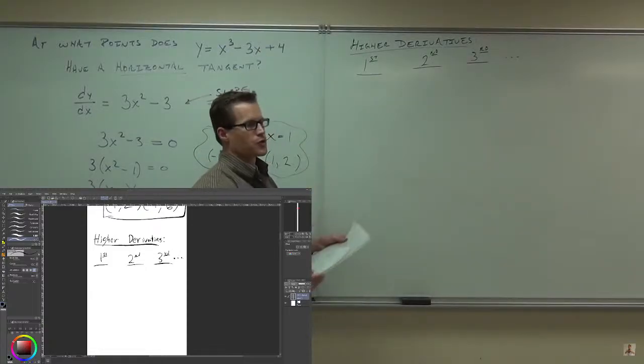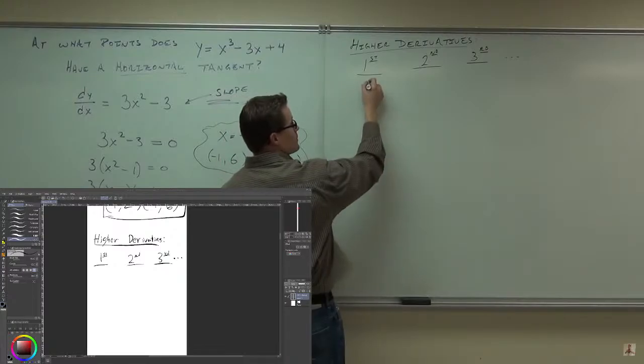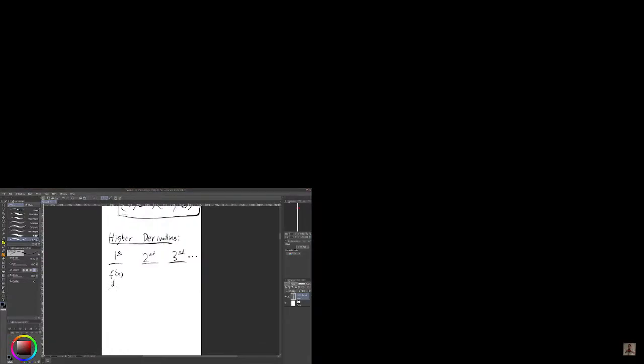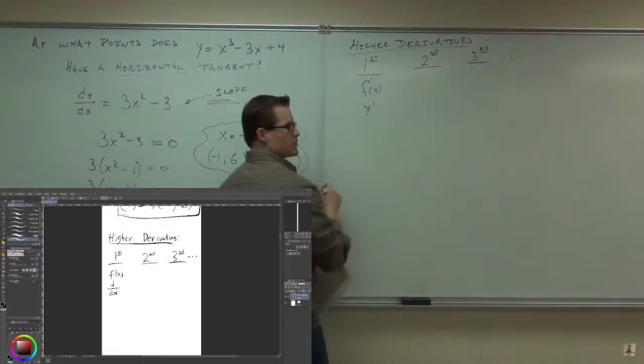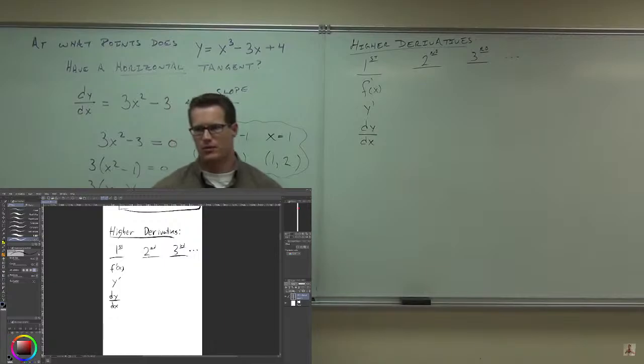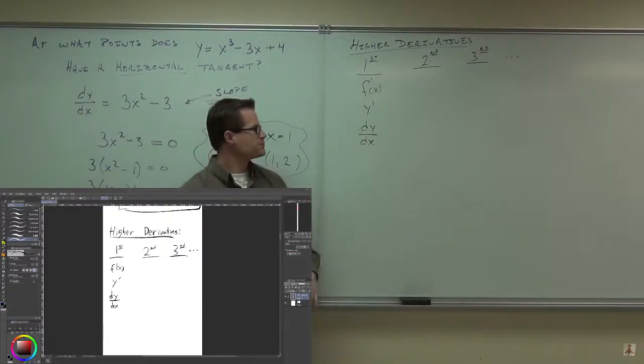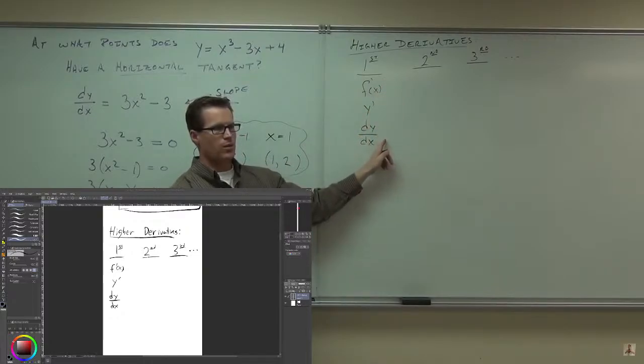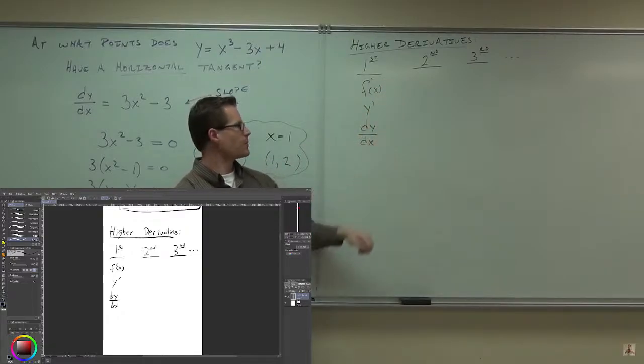Our notation for a first derivative was typically f prime of x, you remember that one, right? Or we'd have d/dx. You can write y prime, or dy/dx. Those are the main 3. We stick with those normally. Actually, in this class, we'll be sticking with this one, and that one typically is where we like to go.